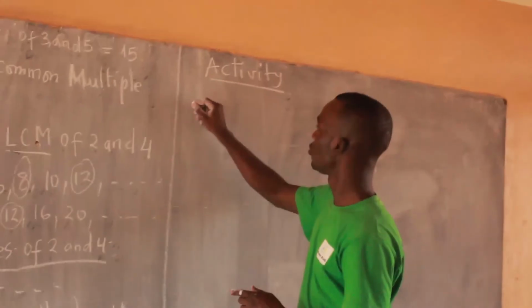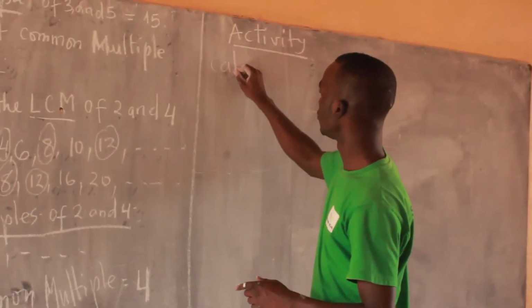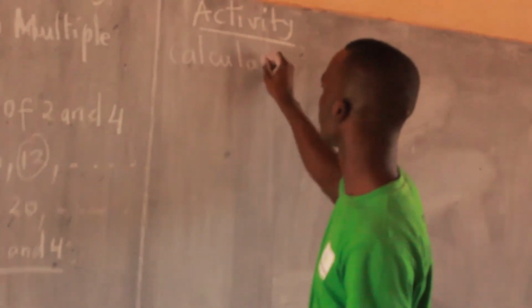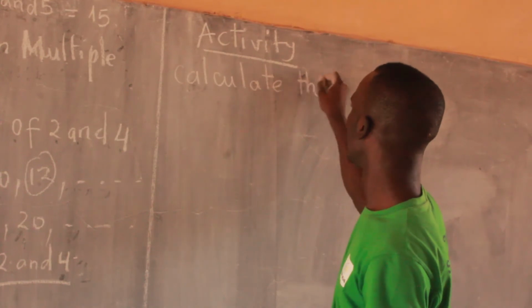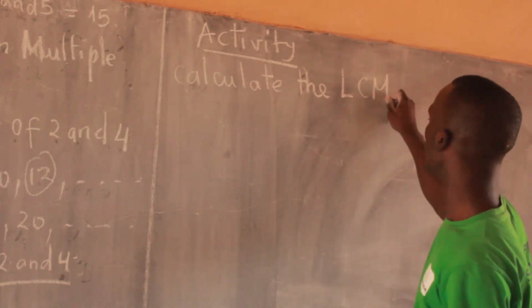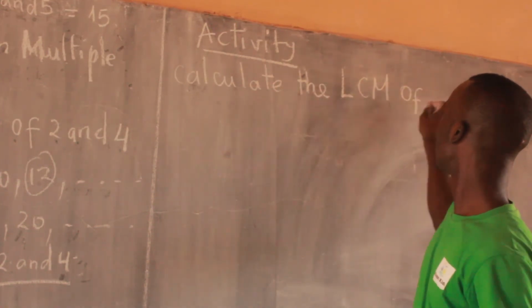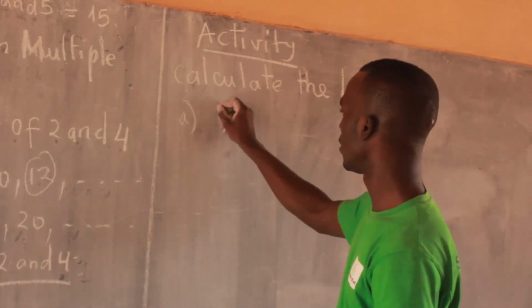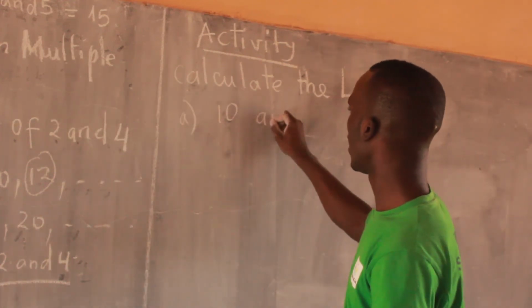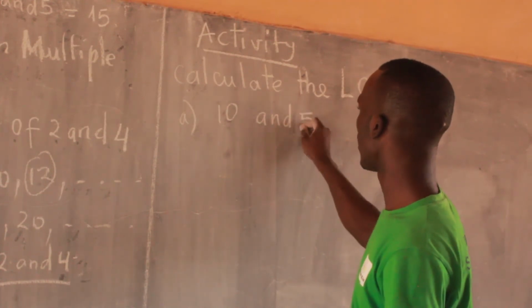In this activity, you will calculate and work out the lowest common multiple of A, 10 and 5.